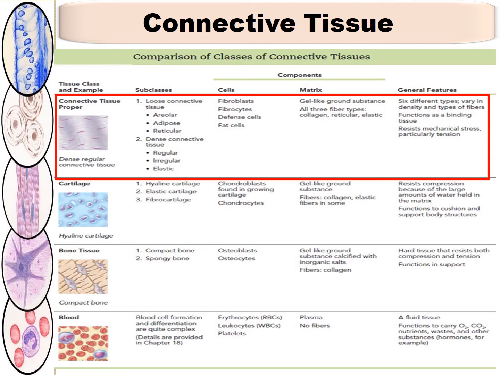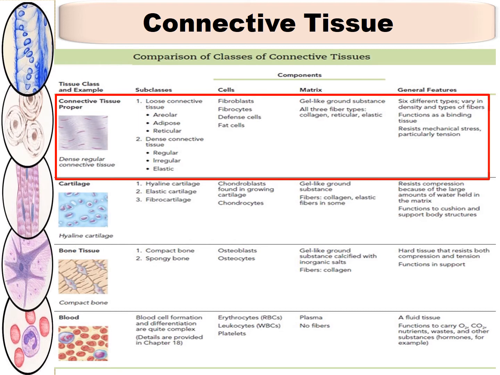Whereas the second subclass of connective tissue proper is the dense connective tissue. This dense connective tissue is further categorized into three. The first is regular dense connective tissue, the second is irregular dense connective tissue, and the third is the elastic dense connective tissue.